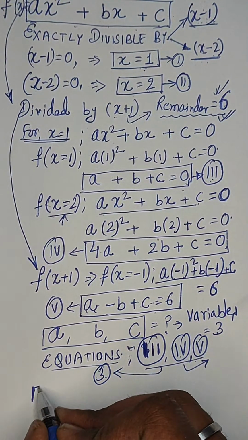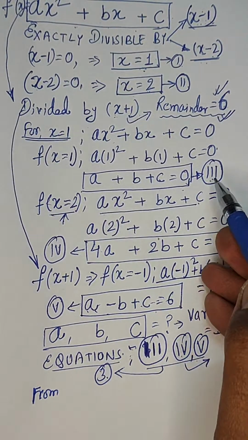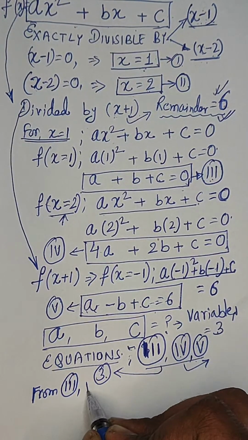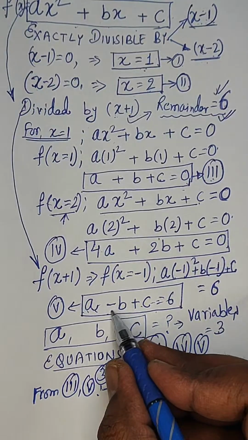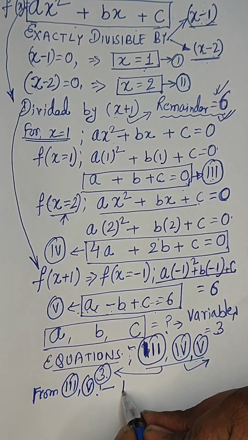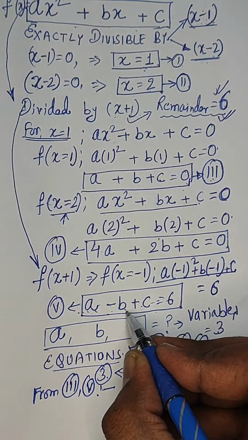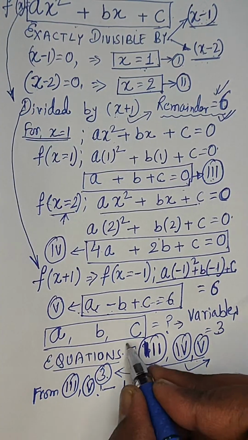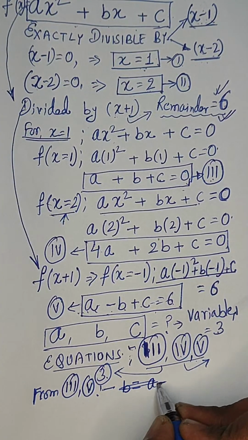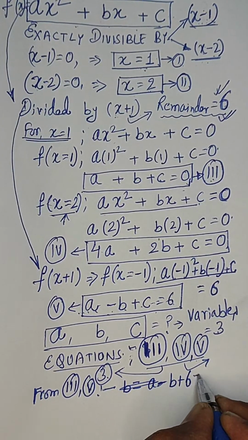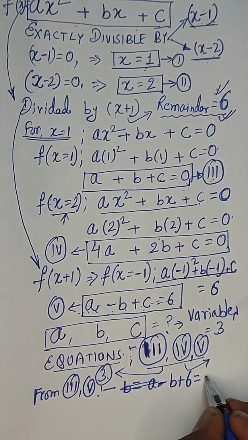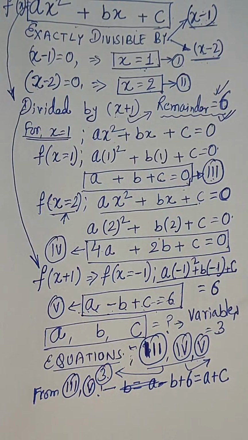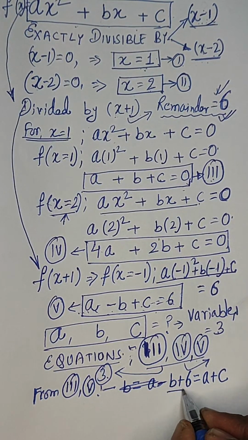So from equation number 3 and equation number 5, we get the value of b. B plus 6 is equal to a plus c, isn't it? B is shifted to the RHS. That's it. So b plus 6 equal to a plus c.